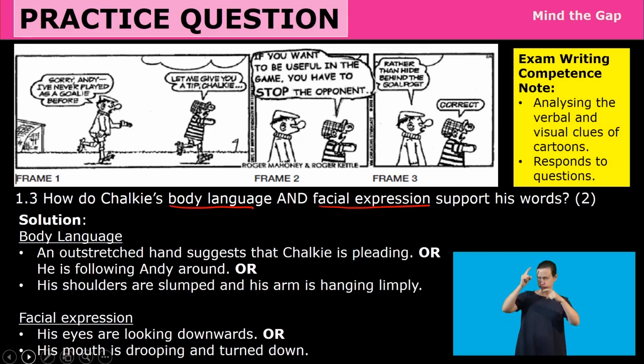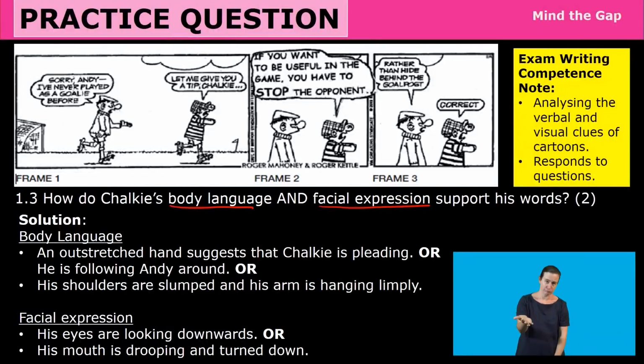The body language. Can you see the outstretched hand, at how he's appealing to Chalky? He's saying, please, I didn't know how this happens. See how he's following Andy around. He's walking behind him as if to say, this is not what I intended. His shoulders are slumped and the one arm is hanging rather limply on the side. So remember, Chalky is this little figure that we are talking about.